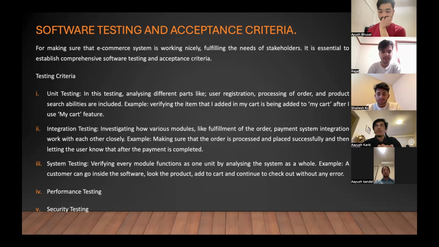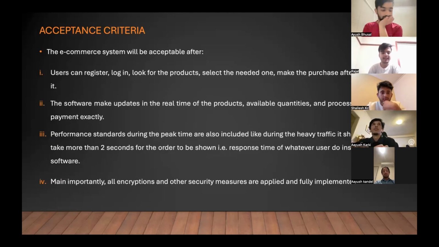We can take an example. In this, a customer can go inside the software, look at the product, add to the cart, and continue to check out without any error. The next one is performance testing, the performance of the website, and the last one is security testing. About the acceptance criteria, the e-commerce system will be acceptable after users can register, log in, look for the product, select the needed one, and make the purchase after liking it.